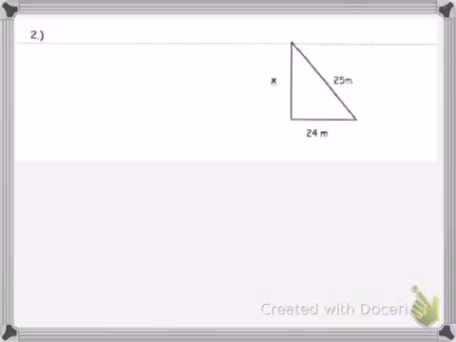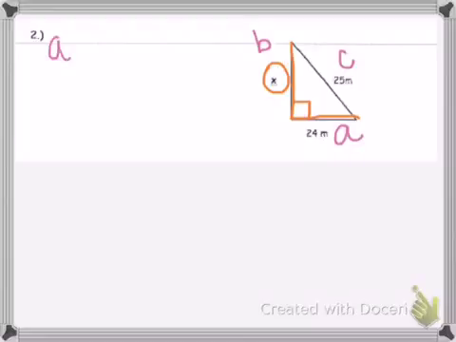Okay, taking a look at problem number 2, I have another right triangle where I am trying to find the length of one of the sides. It's marked x in your notes. I know that this side is one of the legs because it's one of the sides that forms the right angle. So this time I actually have the c value and one of the legs, I'll just call it a, and the missing value I'll call b, which is another leg.